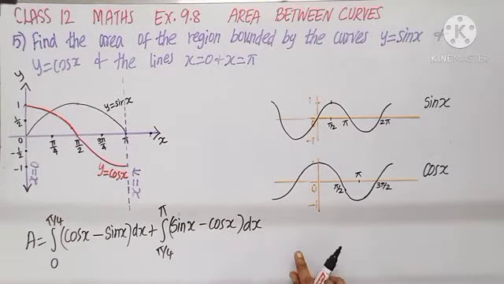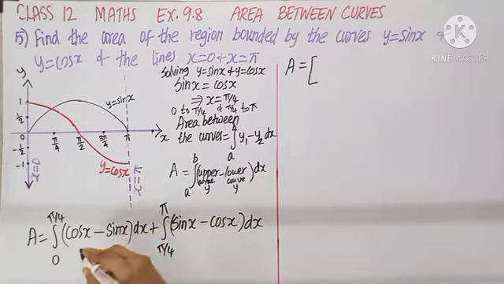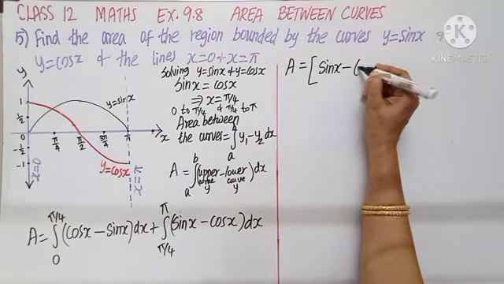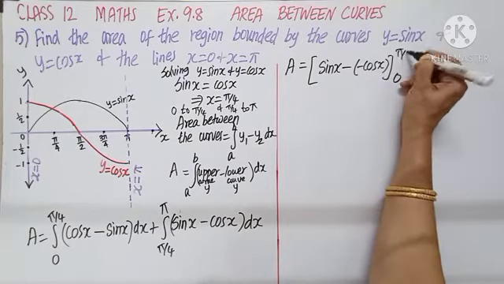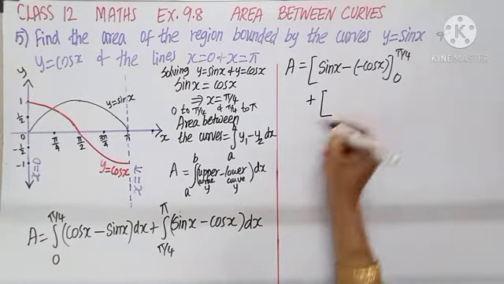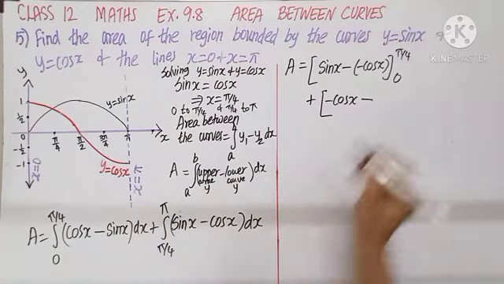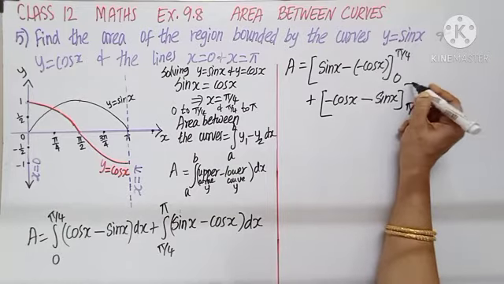We will say sin x minus cos x dx. Let us integrate and substitute the limits. Area equals, for cos x the integral is sin x, minus sin x, the integral is minus cos x, between the limits 0 to pi by 4, plus sin x, the integral is minus cos x, minus cos x, the integral is sin x, between the limits pi by 4 to pi.